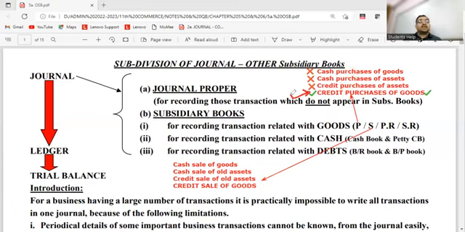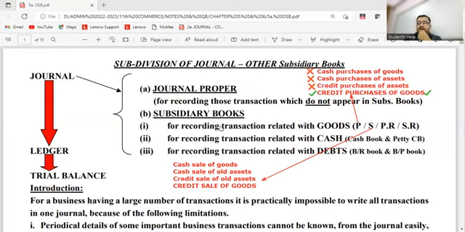Only what we'll be recording is credit purchase of goods. Don't get misguided. Sir, we won't be recording these transactions? We will, but in the cash book. Sir, we won't be recording this credit purchase of asset? We will. Where, children? In journal proper. I'm not saying record नहीं करेंगे. Purchase book में नहीं record करेंगे.